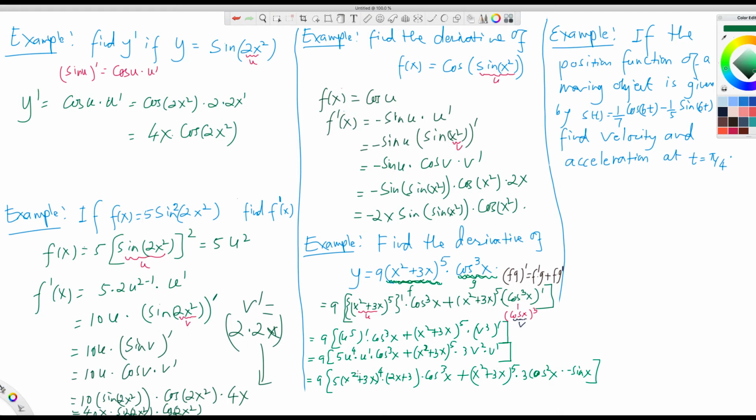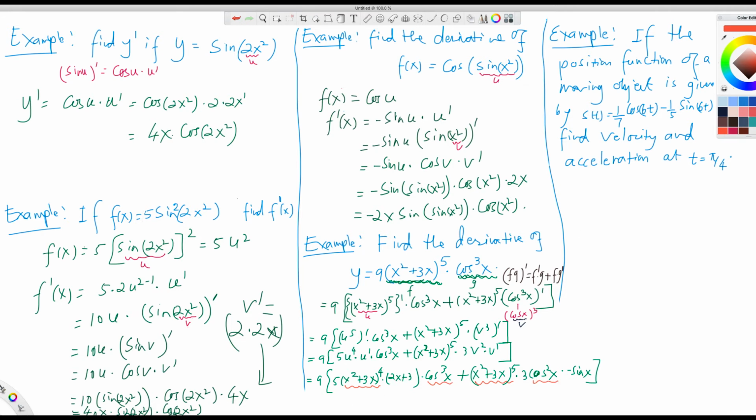Now what I want to do here is factor out the common factor. For example, there is x squared plus 3x to the 4 and x squared plus 3x to the 5. You can take the power 4 outside. Similarly, there is cosine cube x and cosine square x. You can take the cosine square x outside.